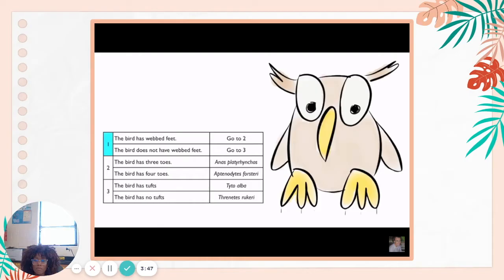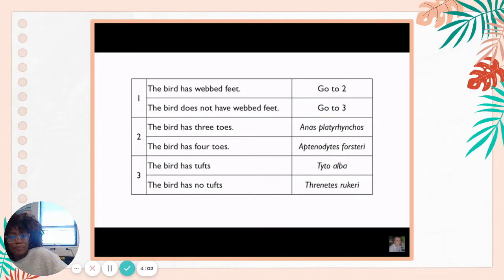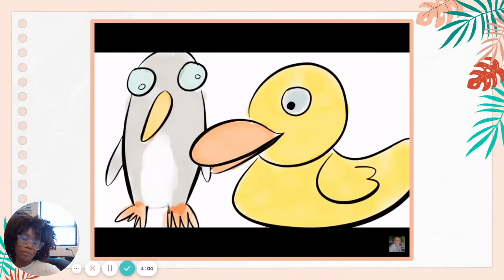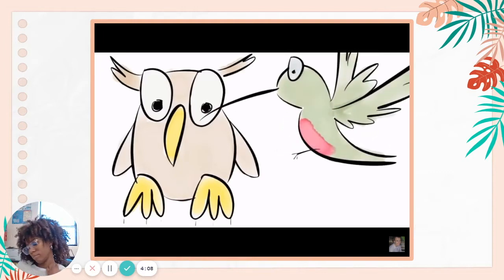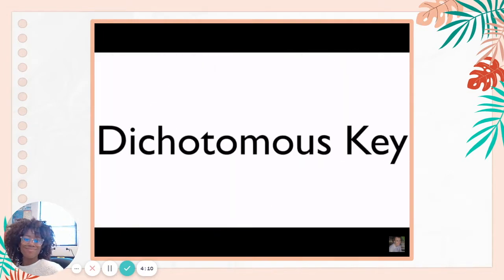Always start at number 1 on the dichotomous key and look at the features of the organism you're trying to identify. Our bird has tufts. This is its dichotomous key's scientific name. Dichotomous keys, charts that scientists use to figure out the scientific name of organisms or to help identify footprints. Dichotomous keys.